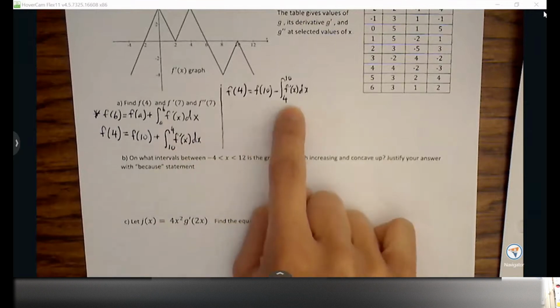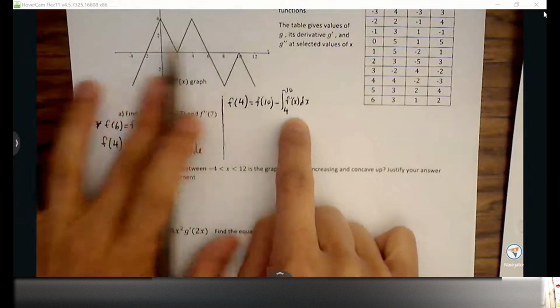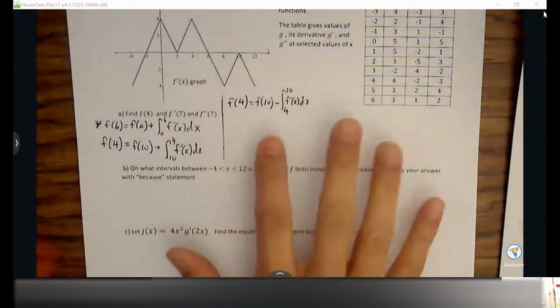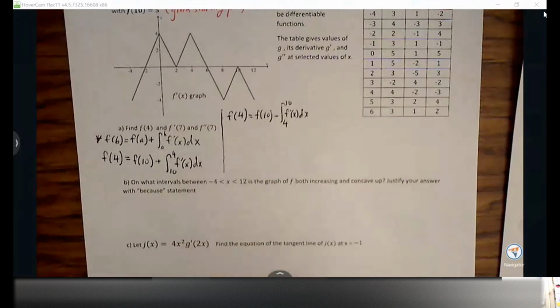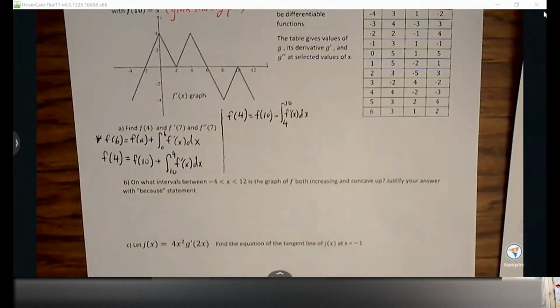Okay. So from 4 to 10, f prime, that means we have to involve areas of these triangles, right? And make sure that we're only concerned about the region between the graph and the x-axis. I'll put this up. Okay.